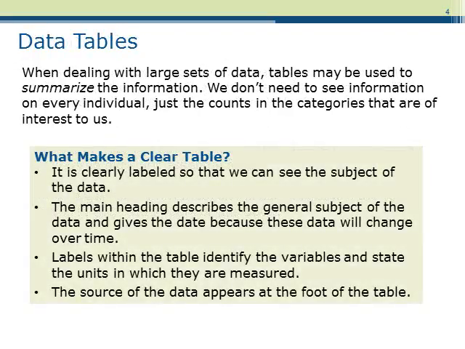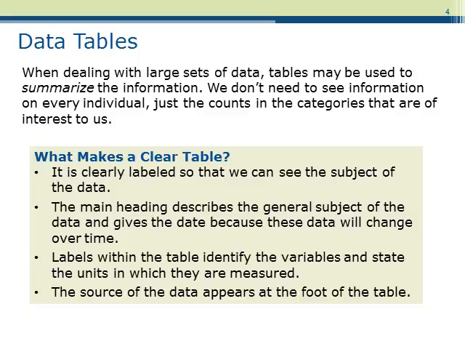Now, before a data set makes its way into a graph, it's often stated in a table first. Tables are often used to summarize the information in a data set. Oftentimes, we don't need to know the information on every single individual. We just need to know the counts and the categories that are of interest to us. So what exactly makes a clear table?